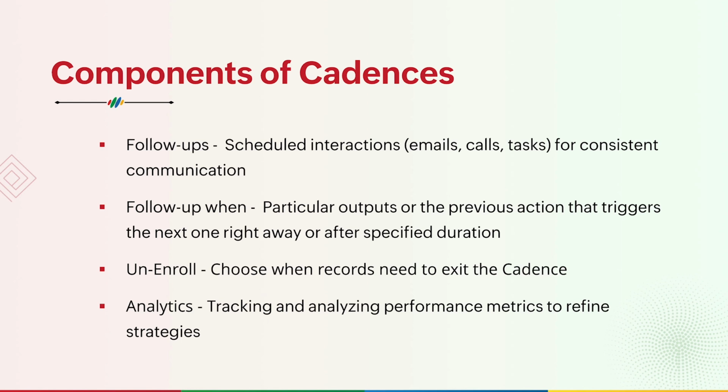The third follow-up type is tasks. Creation of tasks ensures the user performs an activity that is required at that point, such as reviewing an email reply or deciding what to do next. Automated follow-ups ensure that the salesperson doesn't perform these actions manually.